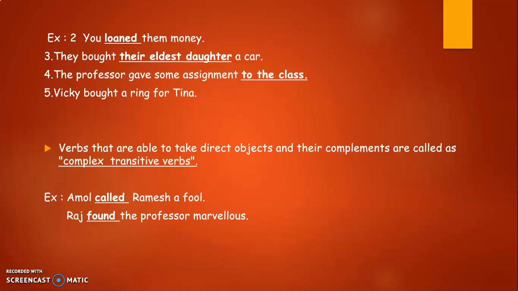Hence, fool is the object complement. Hence, the verb called is taking both a direct object and its complement. Called is a complex transitive verb. Similarly, Raj found the professor marvelous. Here, found is the complex transitive verb.